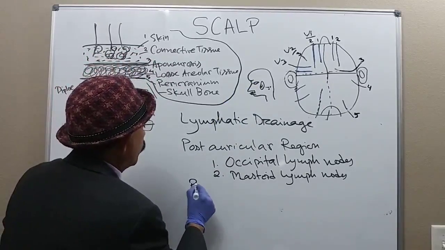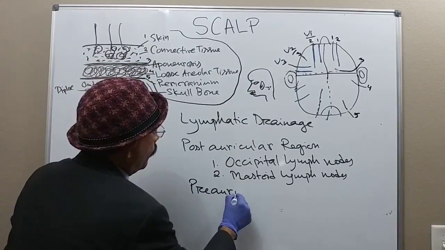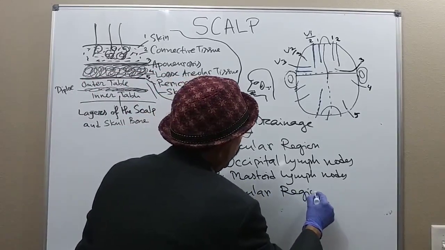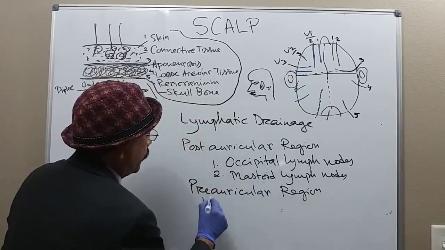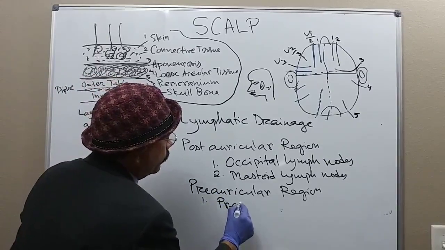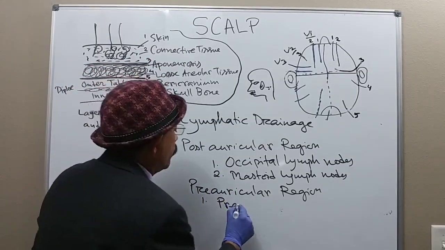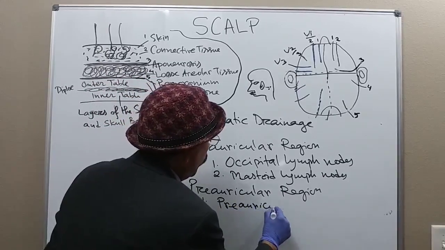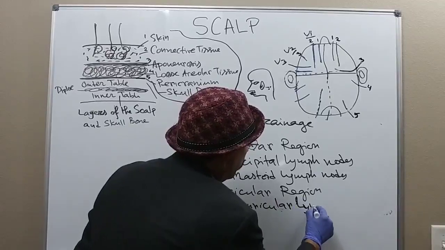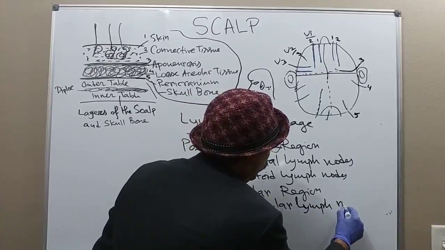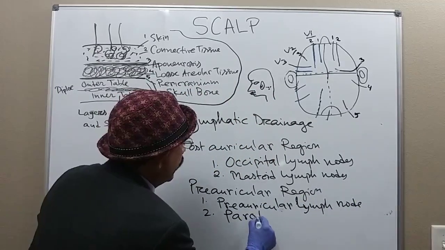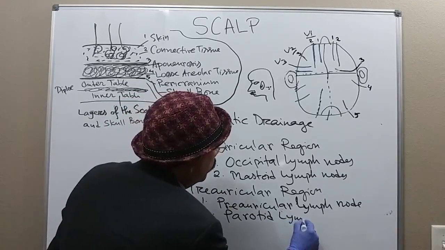Okay, the preauricular region will get preauricular lymph nodes just in front of the ear. Preauricular lymph node, ocular lymph node. Okay, and we get the parotid lymph nodes.